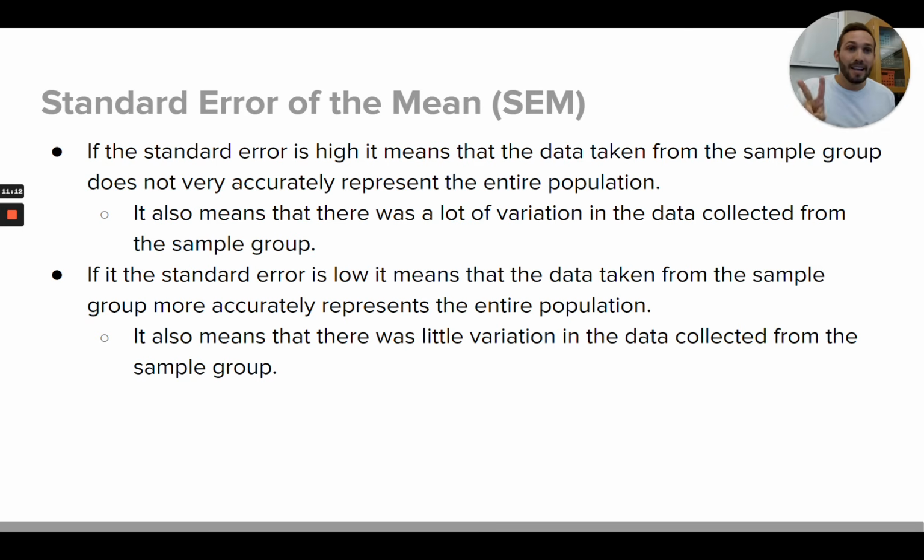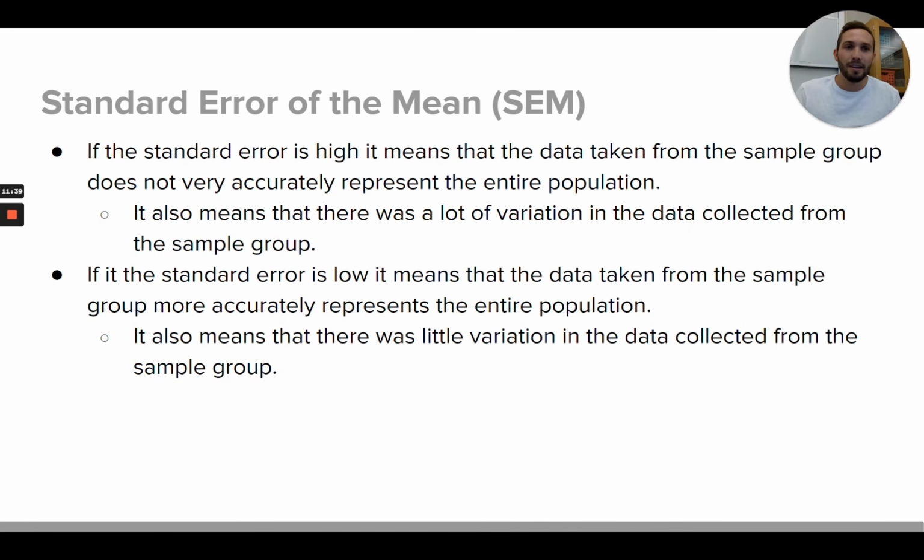And it also means a second thing. It means that there is probably little variation in your sample group. If I was measuring the height of juniors and I had a low standard error, the data points that I collected probably didn't vary a whole lot. So maybe some people were 5'5", 5'8", 5'7", 5'9", 6 foot, 5'9", 5'7", 5'6.5". All the data is a lot closer together. That's what a lower standard error means.